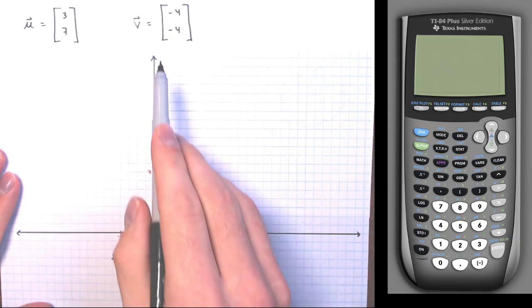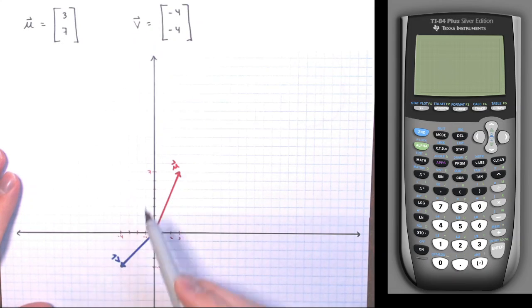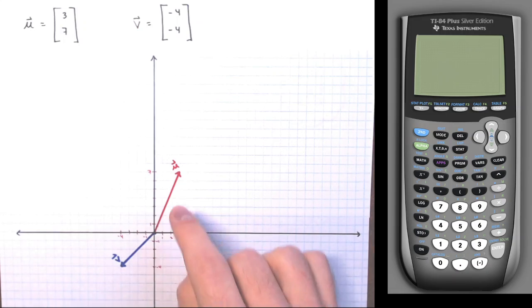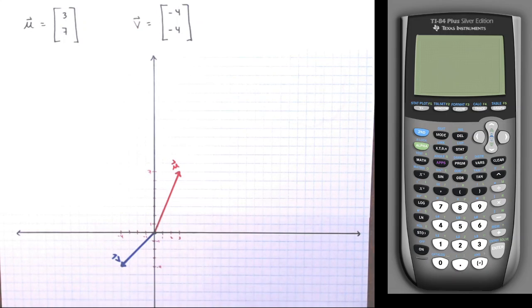And then vector V I have in blue. It's (-4, -4). From the origin I'm drawing left 4, down 4. There's vector V. Now the projection of U onto V should probably be reworded as the projection of U onto the line containing V, or the span of V, as I mentioned earlier. So let me actually draw that in.